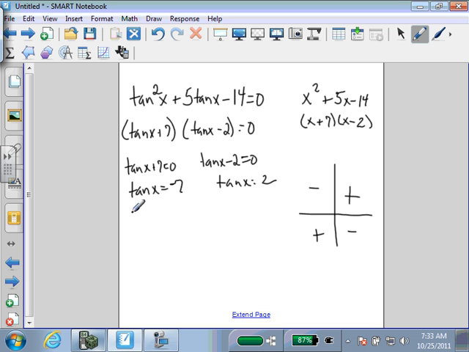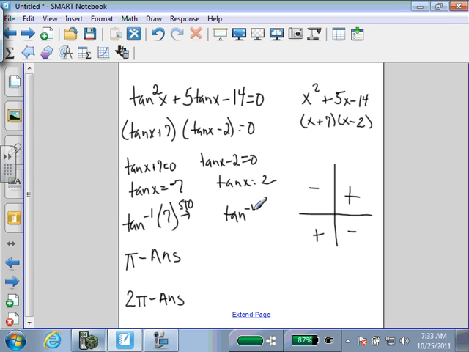So for this one, I'm going to need tan inverse of 7, and I'm going to store that. Because what I'm going to need is pi minus my answer and 2 pi minus my answer. For this one, I'm going to be able to do tan inverse of 2, and that will be one of my answers. And I will also need pi plus that answer.